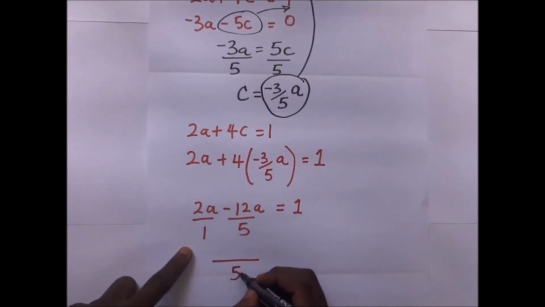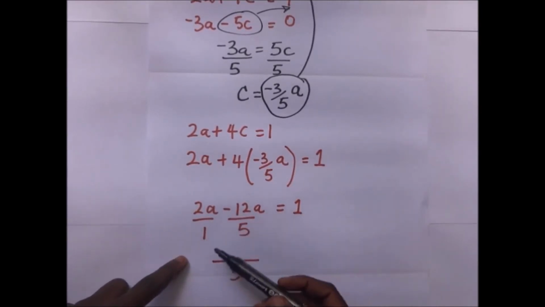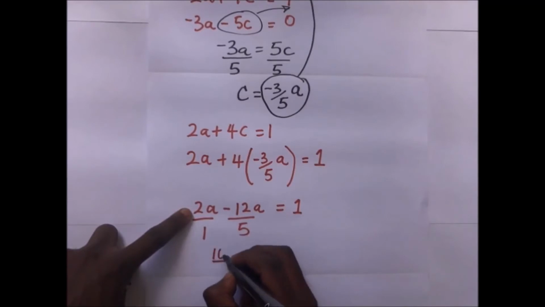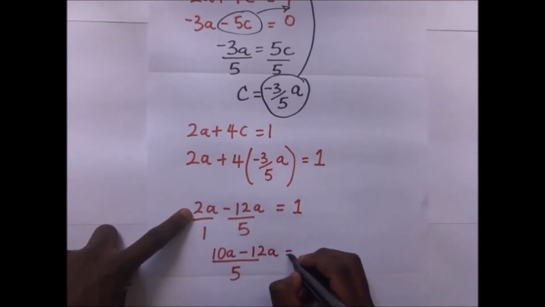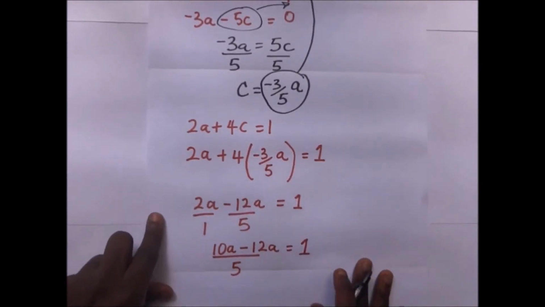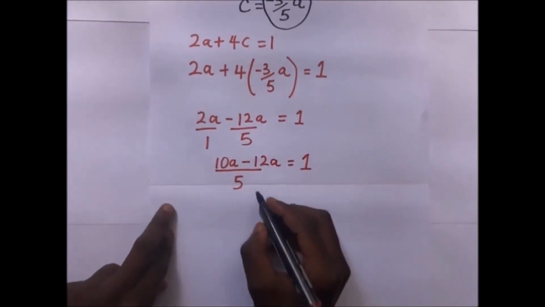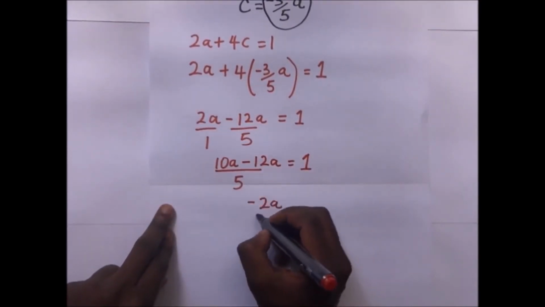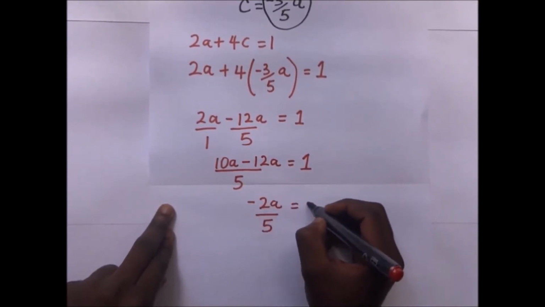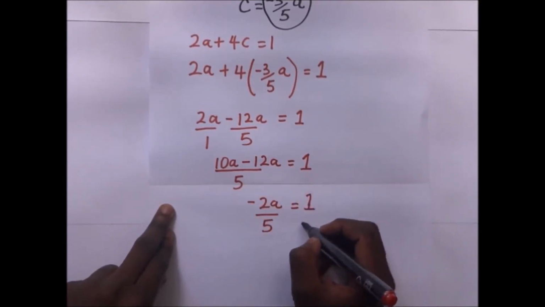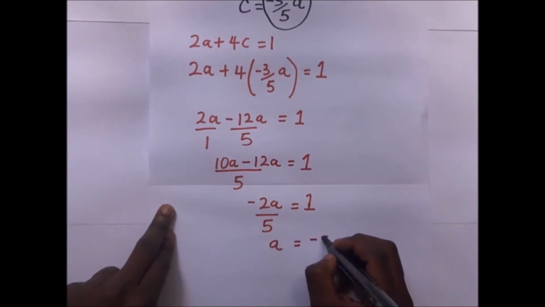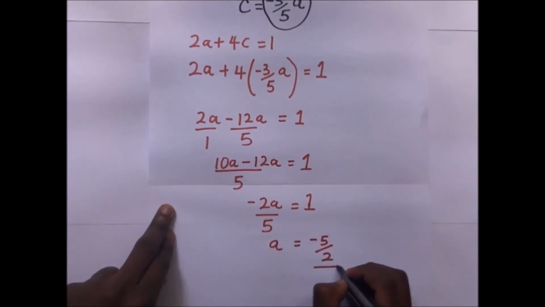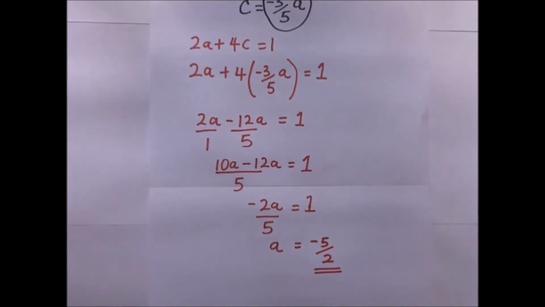LCM is 5. 5 divided by 1 is 5. 5 times 2 is 10A minus 12A is equal to 1. 10 minus 12 is minus 2A over 5, giving us 1. And our value of A here is negative 5 over 2. So we've gotten our value of A.